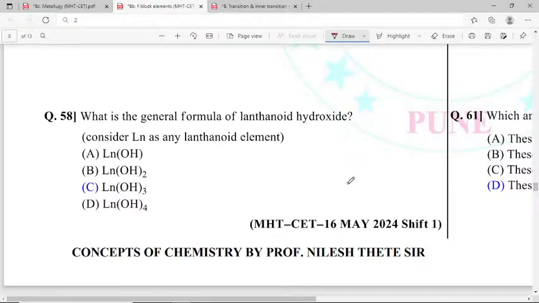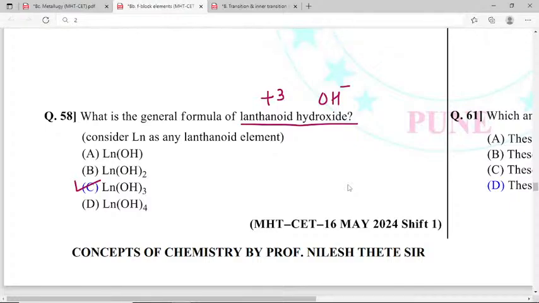What is the general formula of lanthanide hydroxide? Lanthanide in +3 oxidation state with hydroxide OH minus, so Ln(OH)3.